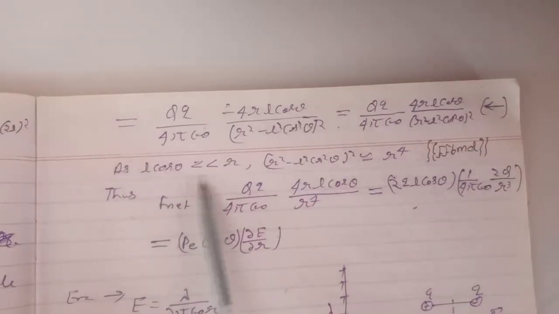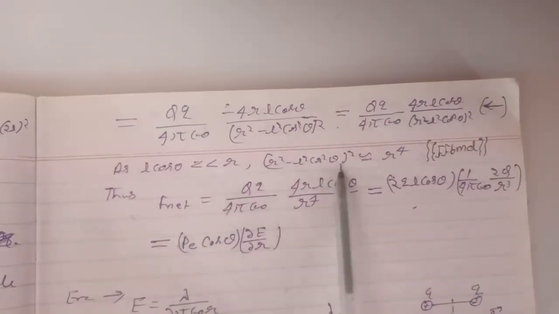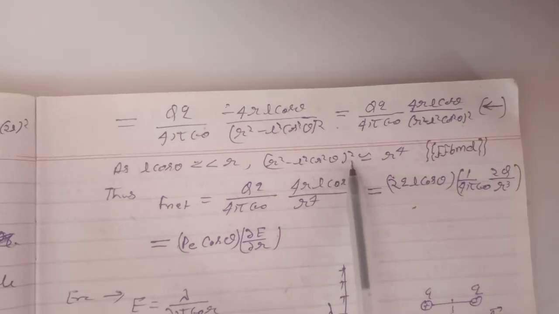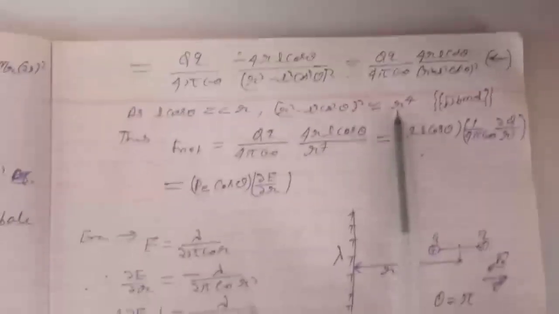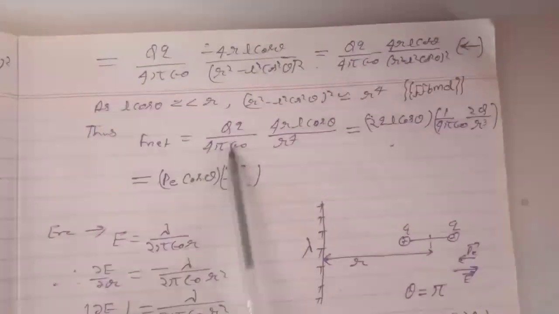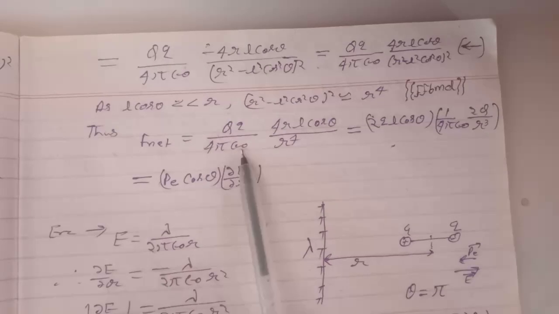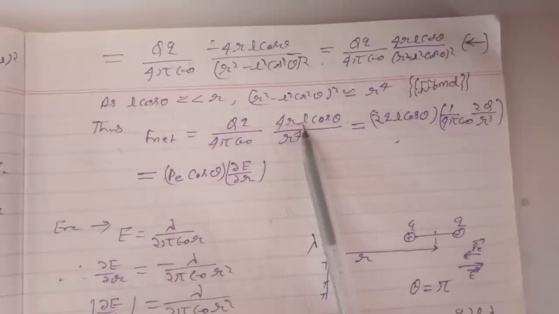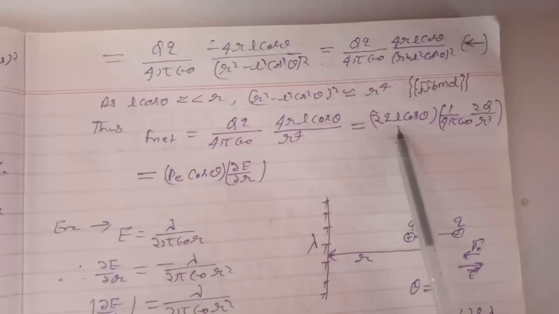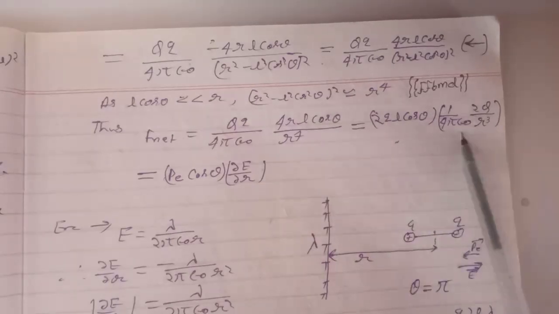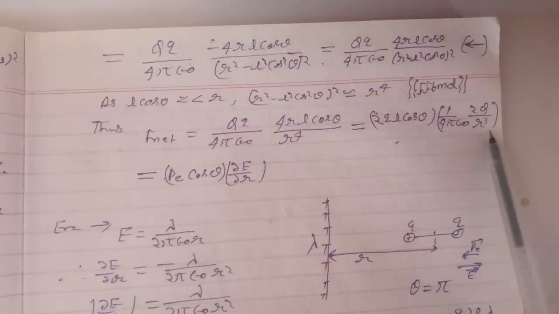As L cos theta is very much less than R, (R square minus L square cos square theta) to the power 2 will be equivalent to R to the power 4. Thus F net will be Q into Q by 4 pi epsilon naught times 4 R L cos theta by R to the power 4, or 2QL cos theta times 1 by 4 pi epsilon naught times Q by R cube.